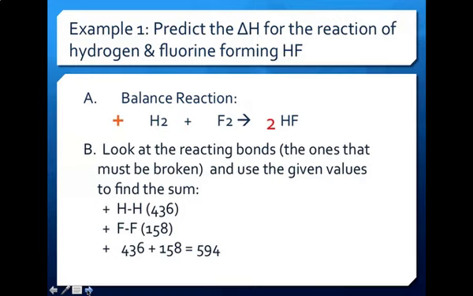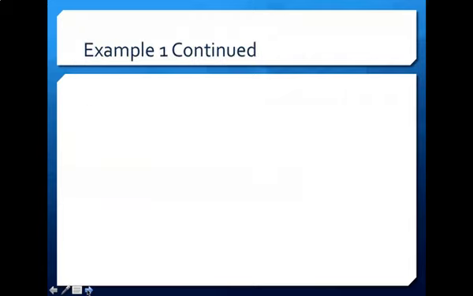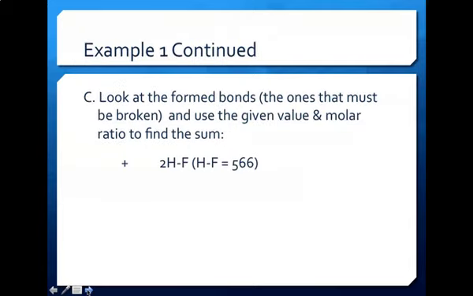I'm halfway there. So those are the broken bonds, now we need to find the created bonds. So the other half of it, my product, the stuff that is forming, I have 2 moles of HF. Both hydrogen and fluorine can only form a single bond, which is good because on our chart there's only an HF single bond. I have 2 of them. So I'm going to have 2 times the value that's in my packet.